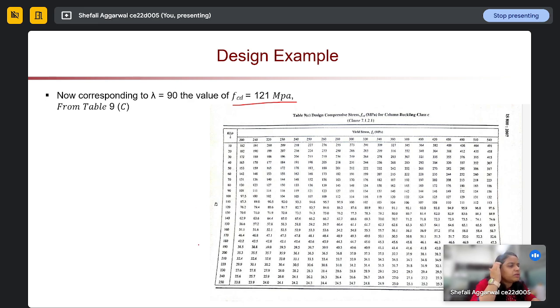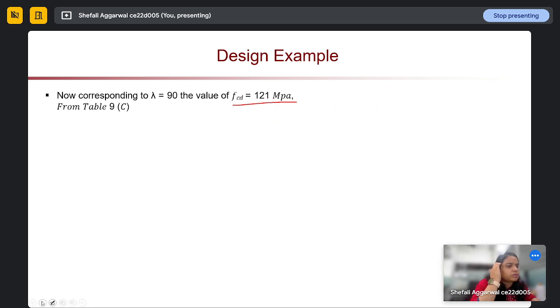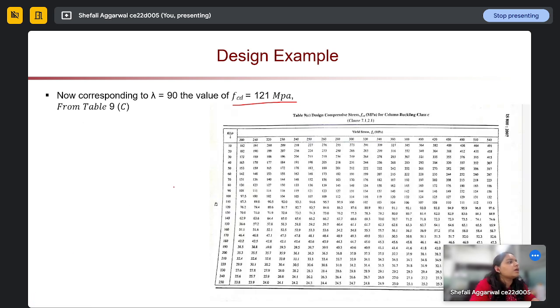From this table, corresponding to lambda equal to 90 and f_y 250, which is given in the question, we get f_cd as 121 megapascal.